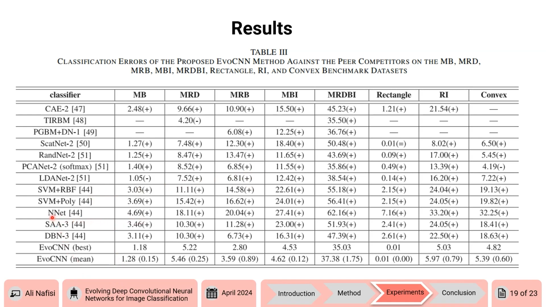Let's consider nnet on all data sets: the EvoCNN is better than nnet. And as you can see, most values have a plus next to them, except this one, where we have an equal sign, and here a minus sign. But most of the cells in this table are plus. That means that the EvoCNN is better than them, and that's actually amazing.